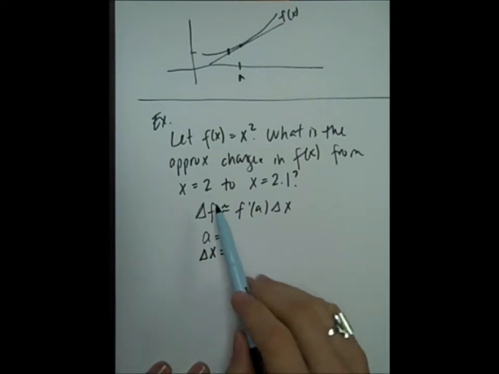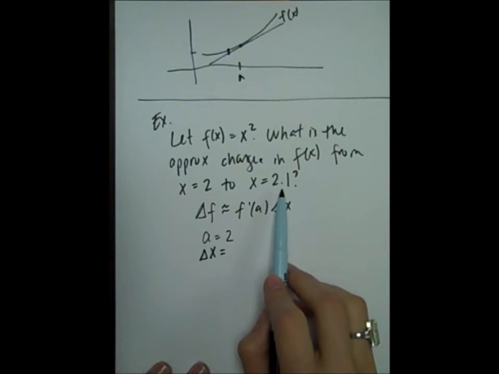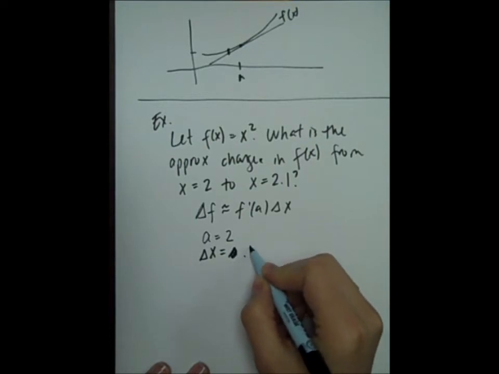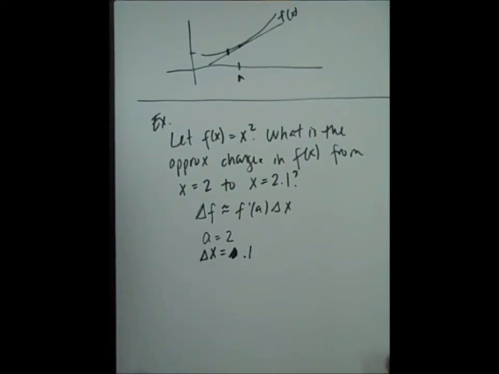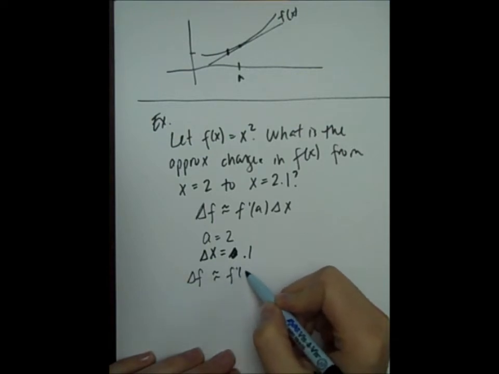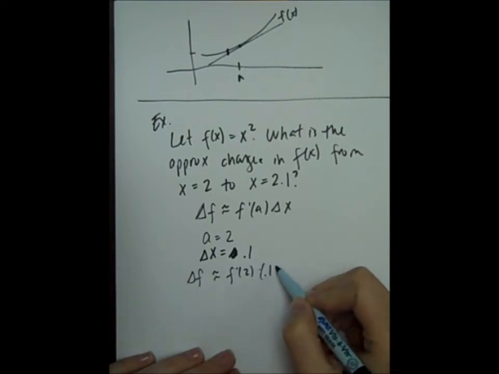So as I move from 2 to 2.1, how far did I have to go? Well, I had to go positive 0.1. So that's my delta x. Now at this point all I have to do is plug it into my formula here. So the change in f is approximately f prime of 2 times 0.1.